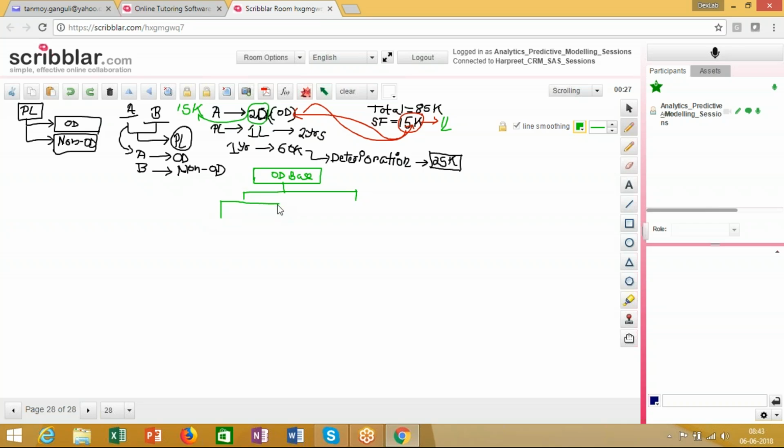One is accounts which have a positive balance, or overdraft balance which is greater than zero. It means that you have a positive bank balance which you maintain in that account. And over here what you have is an OD which is less than zero.